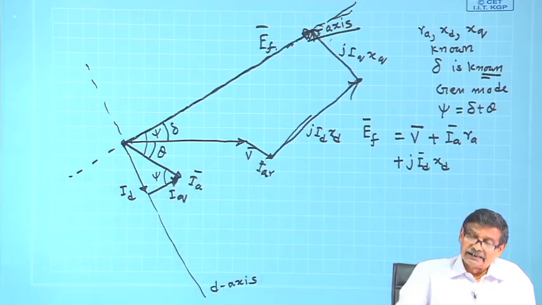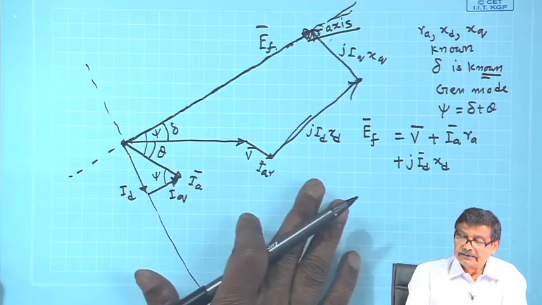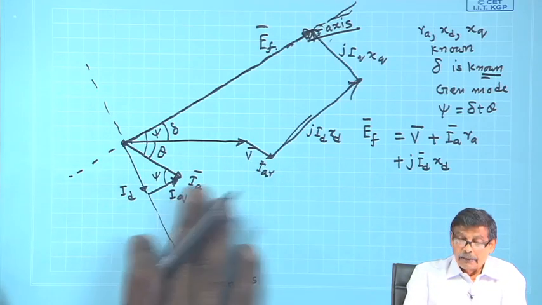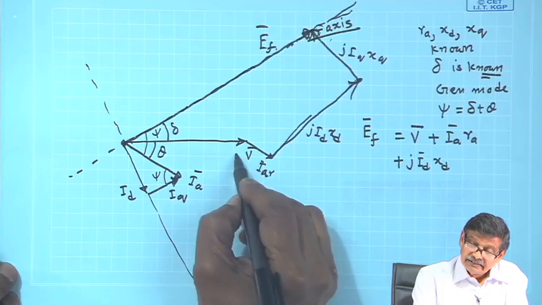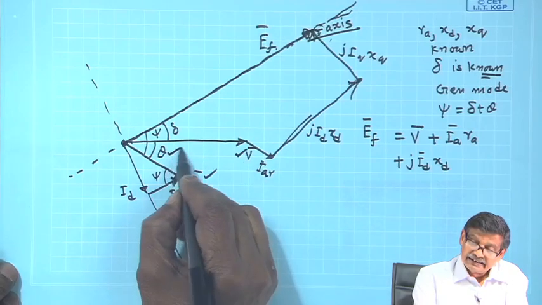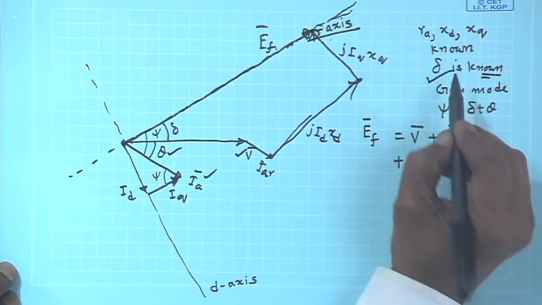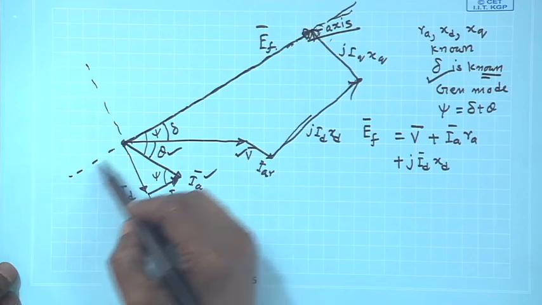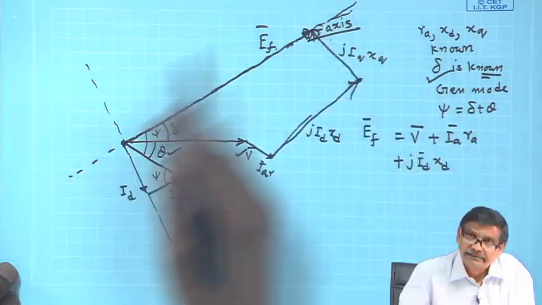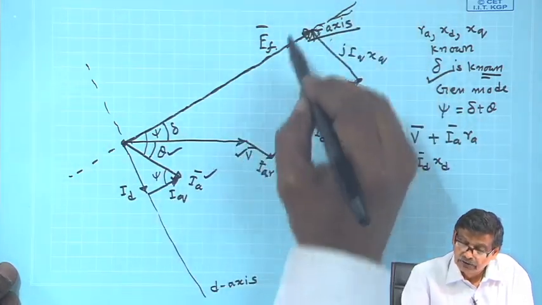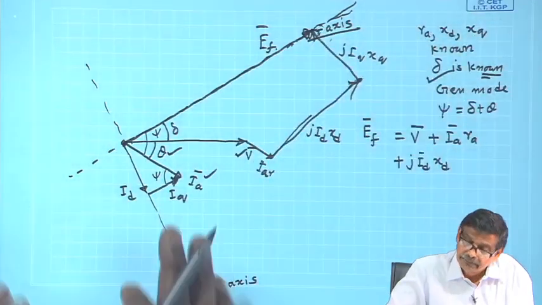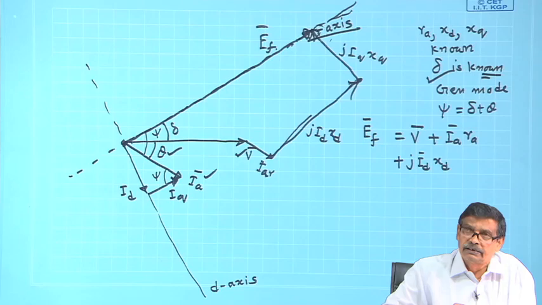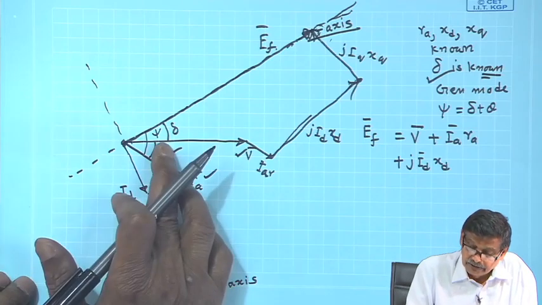So, in this phasor diagram everything is numbers now. Why? I started with V, I a and theta, then I calculated delta, then I drew the q axis line. Still I did not know where the E f will be, this much, that much, I did not know, but the q axis was drawn properly.